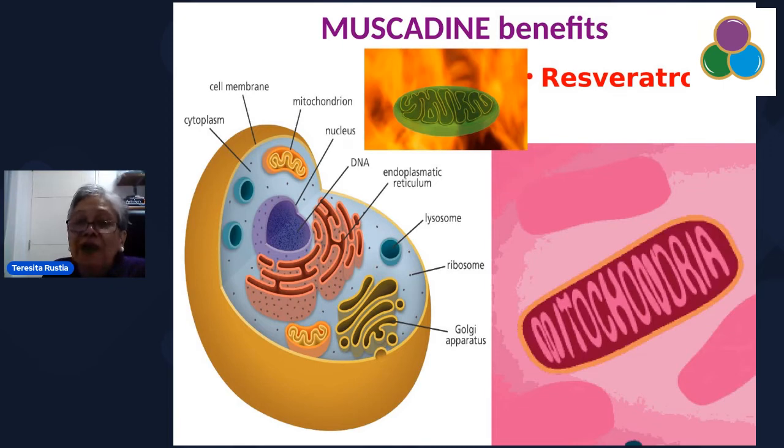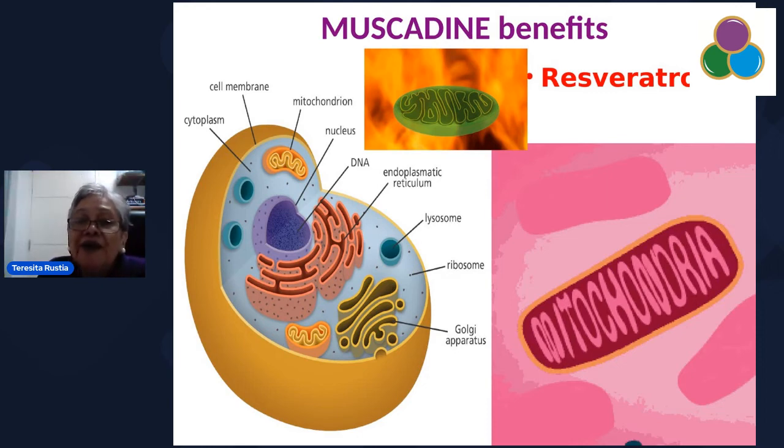Resveratrol at the same time is said to be anti-aging. Why? Because it protects the mitochondrium of the cell, and at the same time, no, it repairs damaged mitochondrium. Now, if this is your cell, you would notice that at the upper side there is the mitochondrion.